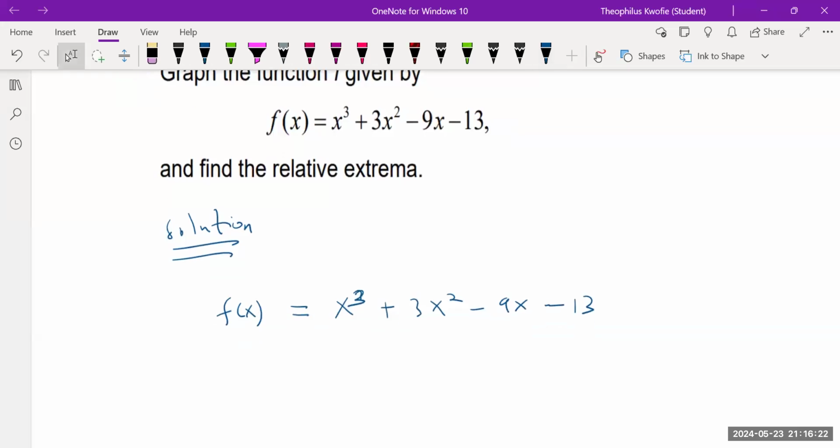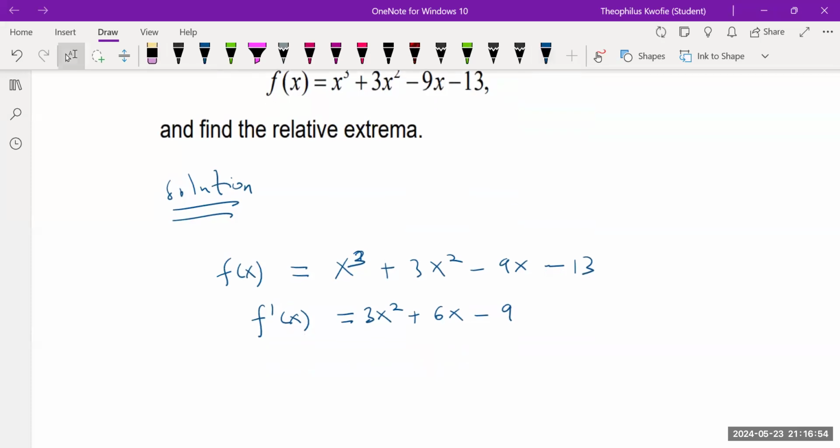Now, to find the critical values, since it's just a polynomial, we just have to find the first derivative and set it to 0. So our first derivative would just be 3x squared plus 6x minus 9, since we know that the derivative of a constant is 0.